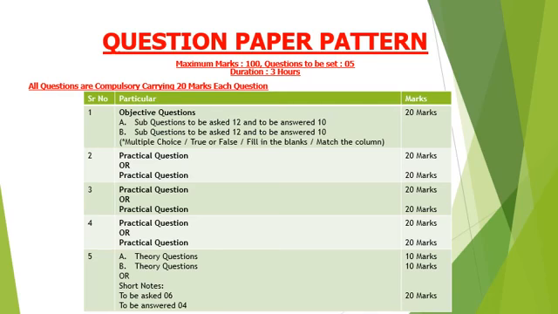And question number 5 is theoretical questions. There are questions 5A and B, theory questions, 10 marks each. Or short notes: 6 short notes are asked, but 4 are to be answered, 20 marks. Same pattern paper, total is 100 marks. Each question carries 20 marks.